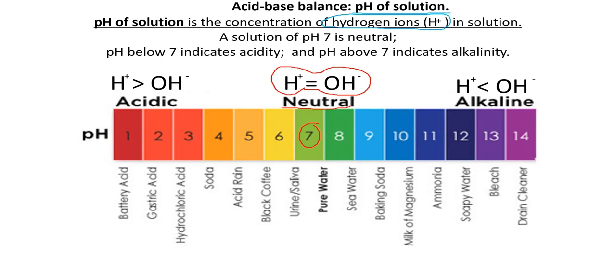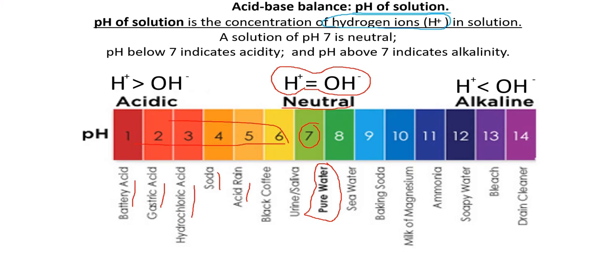And what will this be? This will be pure water, for example. For other solutions, we can say black coffee, acidic rain, soda, hydrochloric acid, gastric acid, battery acid. In this case, we can see that pH will be less than 7.